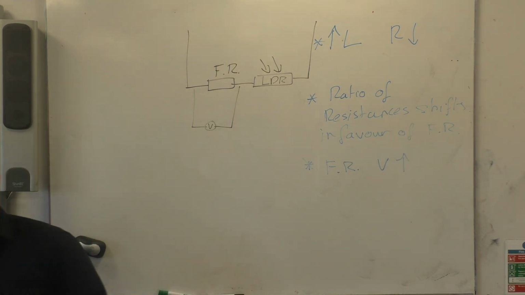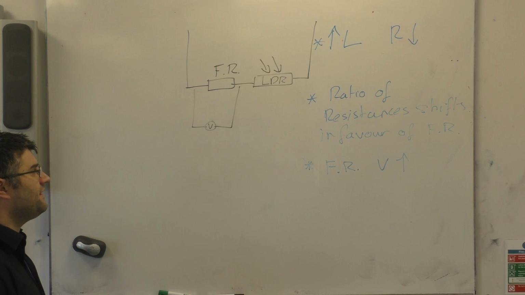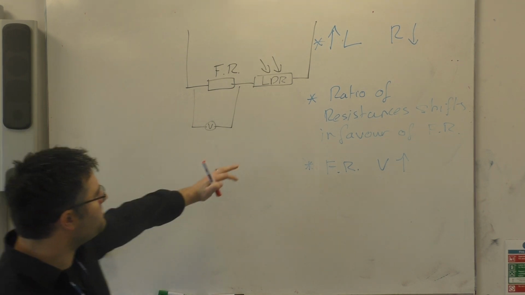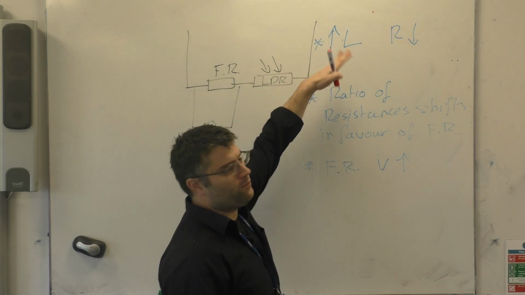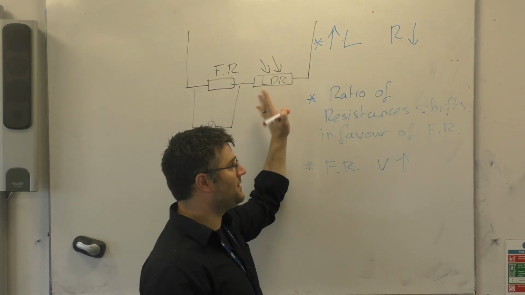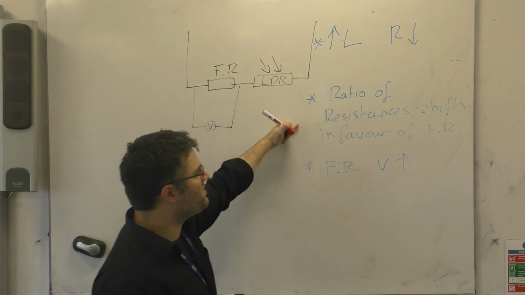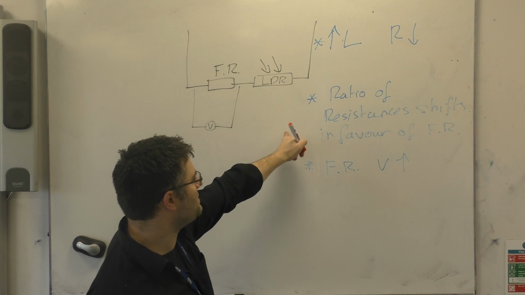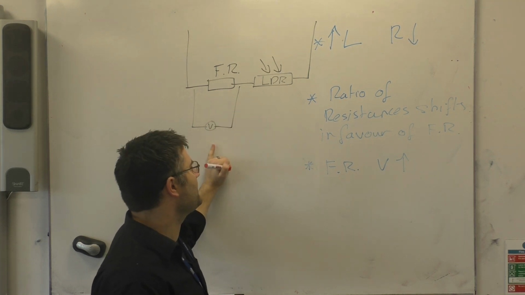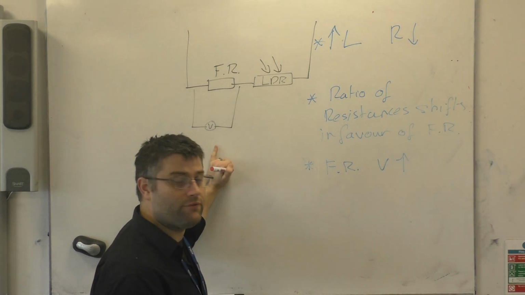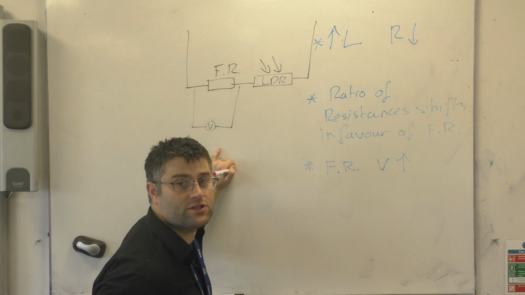That is the common explanation for what happens when we increase the light intensity on my LDR: the ratio of resistances shifts in favour of the fixed resistor, and therefore we have a greater voltage, or PD, across the fixed resistor.